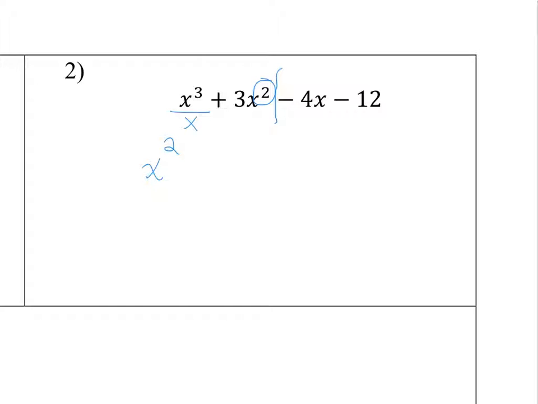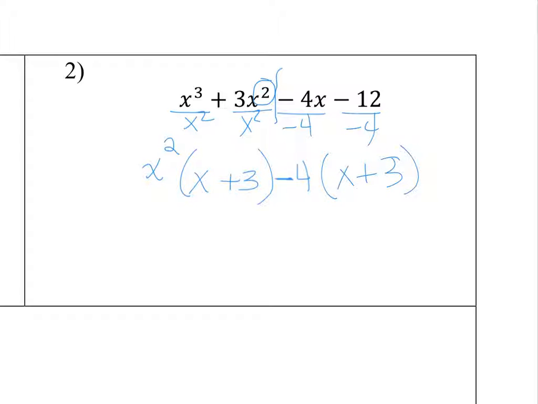So x squared is our GCF, and what's left over is x plus 3. Now this is an example where you have a minus sign right here, so that minus sign goes here. Our GCF is 4, and because we have a negative 4 right here, we have to factor out a negative 4.